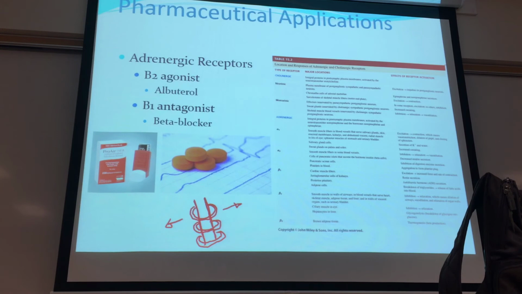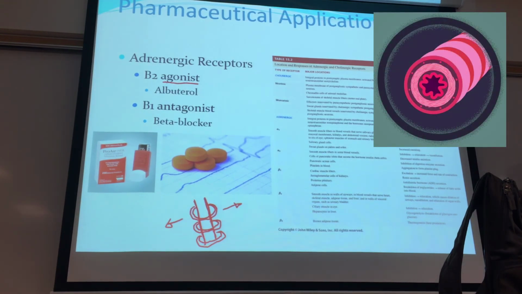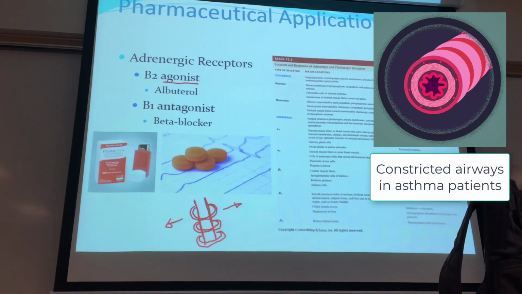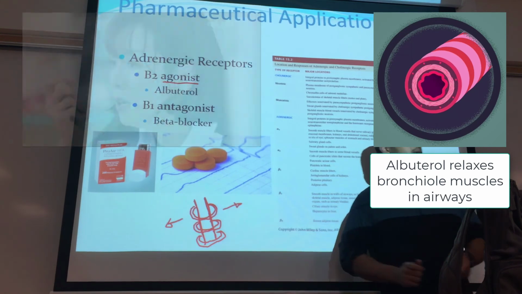Otherwise, if somebody is having, let's say, an asthmatic response, where they're having difficulty breathing, you can use something that's similar to epinephrine, something called an agonist. And the agonist that we have, for example, is called albuterol. Does anybody here use albuterol at all? Yeah. So albuterol works specifically on the smooth muscle airways by causing relaxation of that smooth muscle.